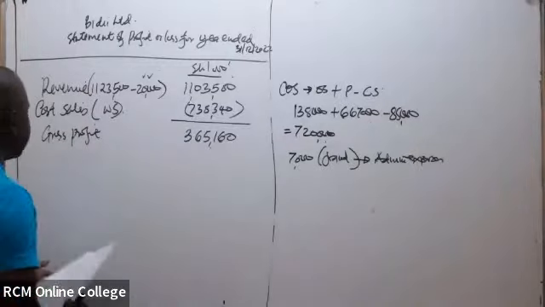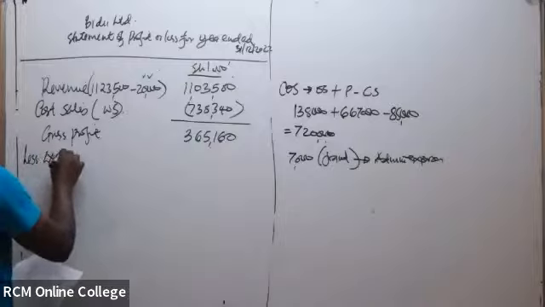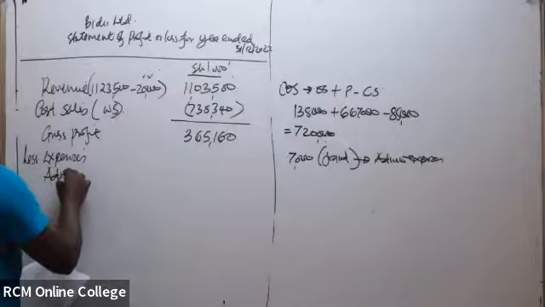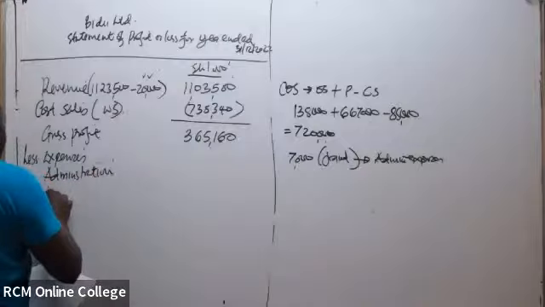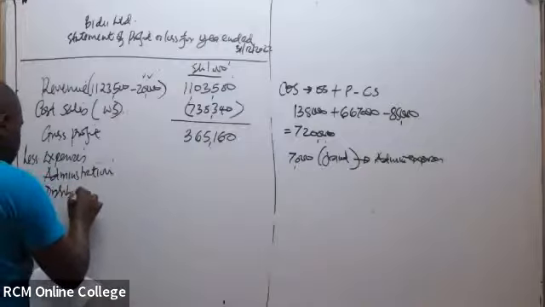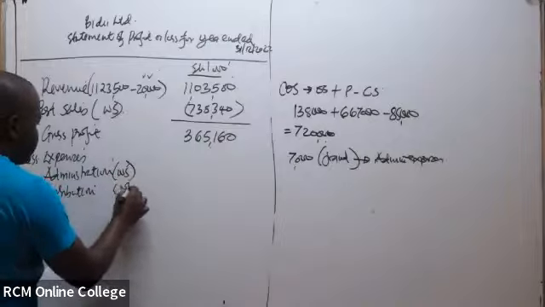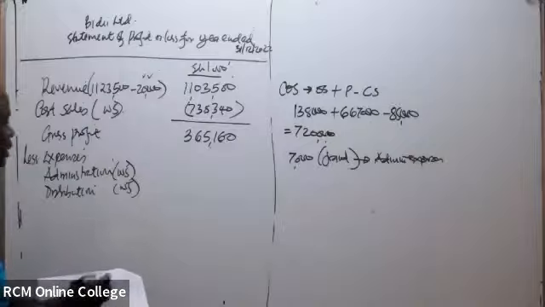So that is our gross profit. Then we can less our expenses. We have administration expenses and distribution expenses, which you've done under working 5. So distribution was coming to 58 million.